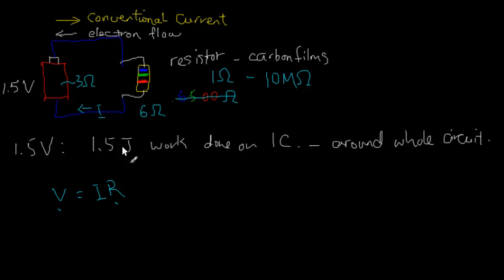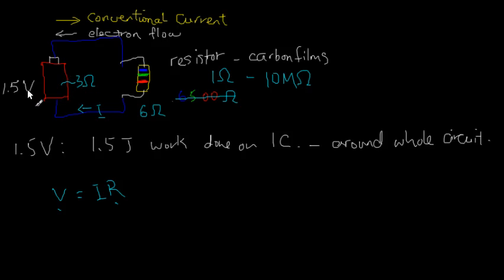So this means that the voltage on the 6 ohm resistor, since this resistor outside is twice the resistor inside, that's 6, this is 3, must also be twice the voltage that is used for the 3 ohm.